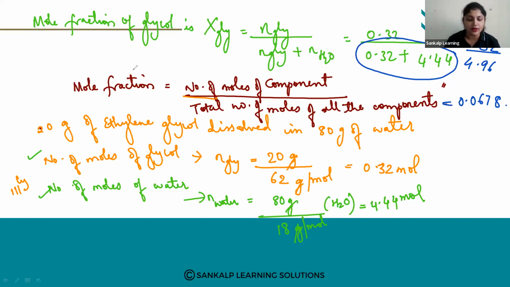The solution consists of 20% ethylene glycol. 20% means 20 divided by 100, right? Out of 100, 20% is your ethylene glycol. Ethylene glycol solution is prepared in water, so the remaining 80% is your water.